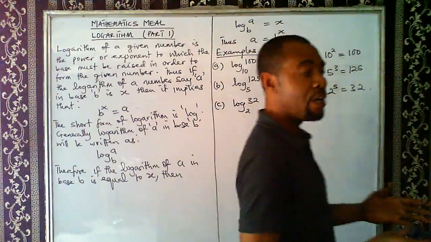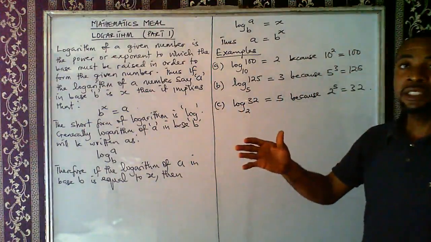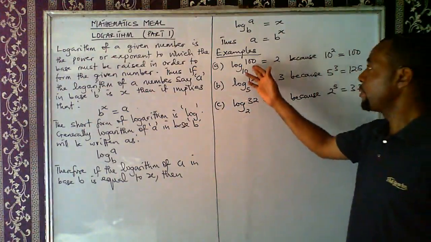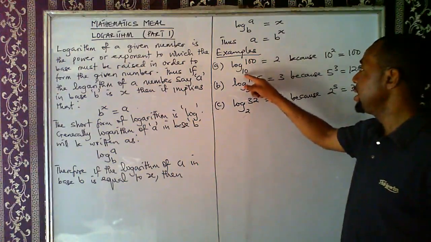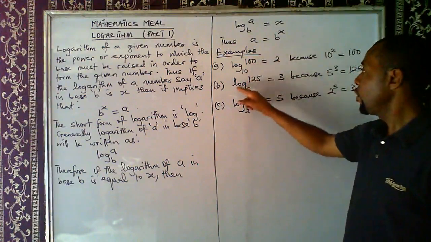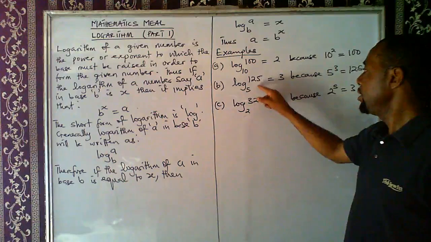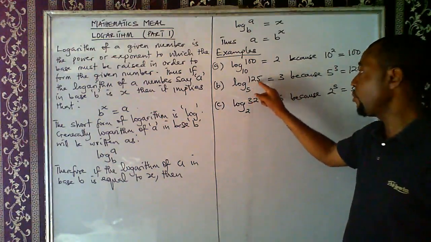So whatsoever thing that will become the exponent of the base, so that we can form the number, that's the logarithm of the number. Logarithm of 100 in base 10 is 2, because when 2 becomes the power of 10, we form 100. Logarithm of 125 in base 5 is 3, because when 3 becomes the power of 5, we form 125.